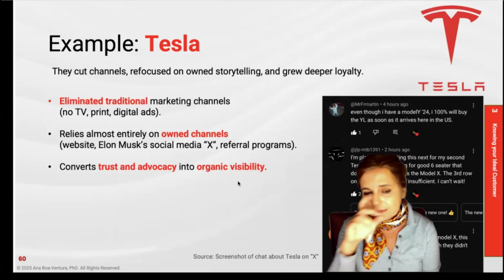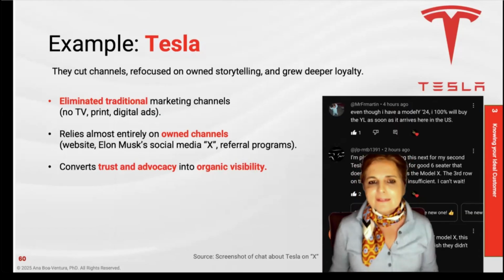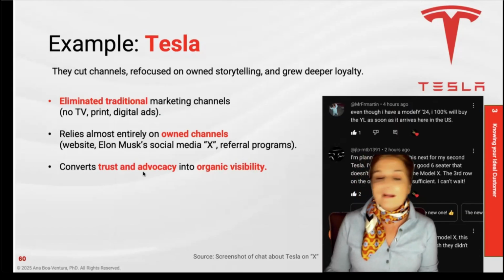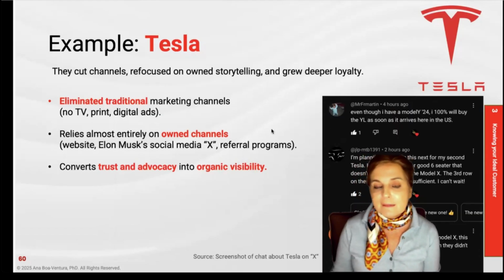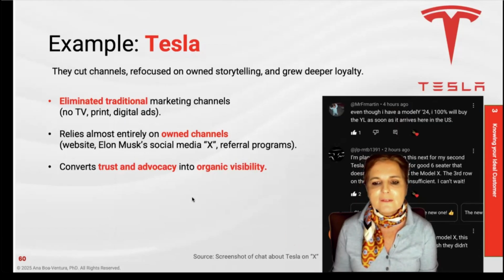So the clients of Tesla that swear by it are absolutely happy with this type of marketing, where there is really a refocus on storytelling and on particular social media X, referral programs, website, etc.